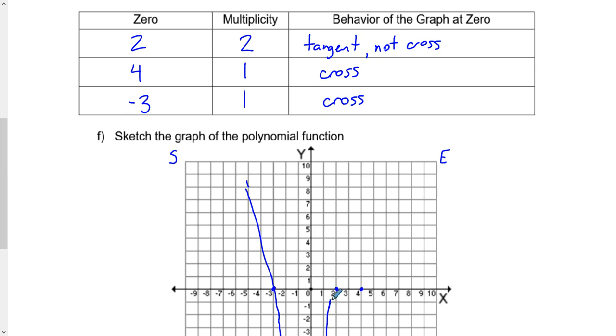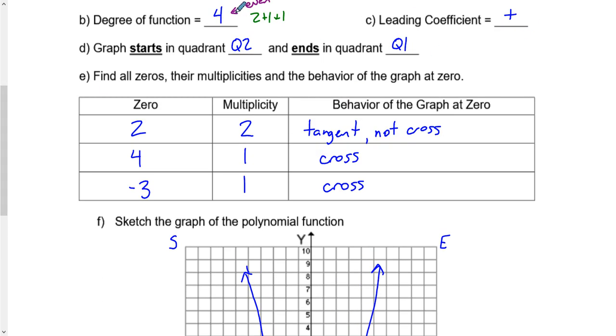Which means at that 0, it's going to behave like a parabola, which means it's going to touch it and go right back down. Now the last thing that we need to do is at our 0 of 4, it's just going to cross the x-axis at 4. And what we have just now done is we have started up in quadrant 2 and ended up in quadrant 1, just like we are supposed to with an even positive polynomial.